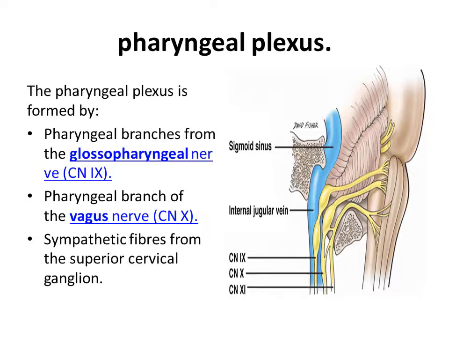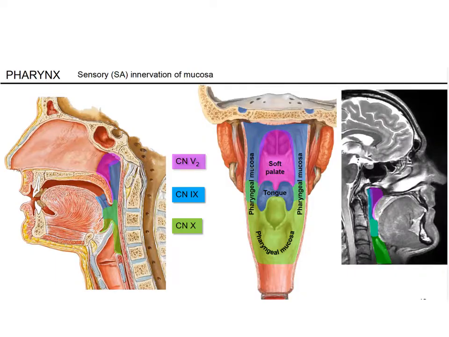The fourth are sympathetic fibers from the superior cervical ganglion. So the pharyngeal branches of all these four nerves form a pharyngeal plexus. It is formed on the middle constrictor. So it gives sensory supply as well as motor supply.